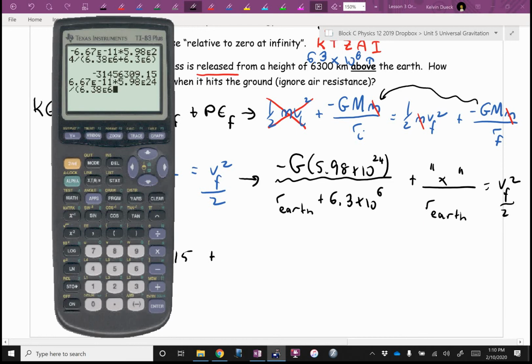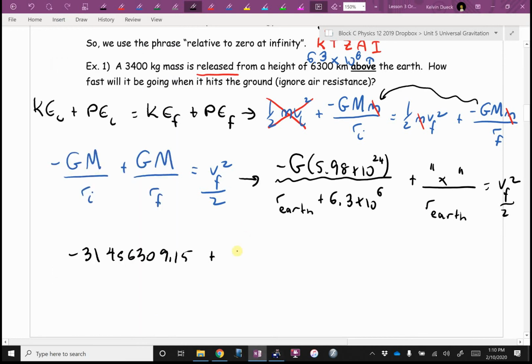So what I'm advising, Abby, is type in the first expression very, very, very carefully, making sure you make no mistakes, and then you can edit and get the second expression without having to retype it and introduce the possibility of mistakes. I get 6251818.182. That equals VF squared over 2.